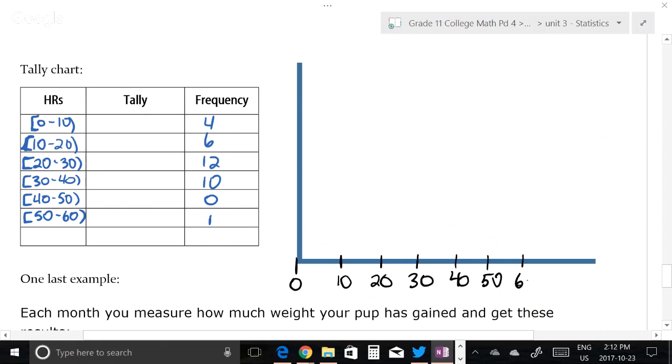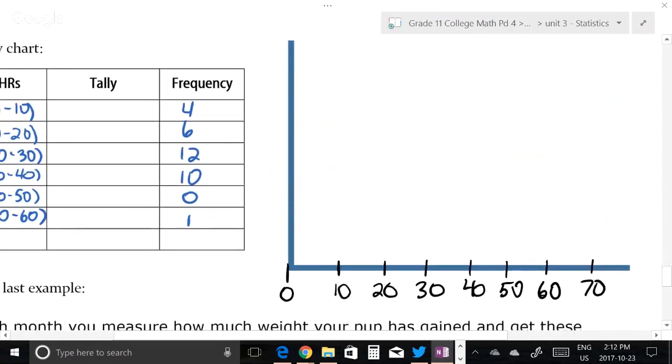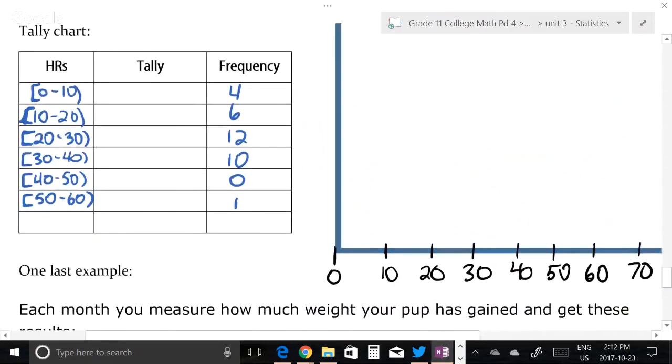If you went to 70, obviously there's nothing going to be in there, but that's fine. And then what am I going to do going up and down on this axis? How high do I have to go? Perfect. So I'm going to try to be careful here. 1, 2. Obviously, I would use a ruler or graph paper if I were trying to be really accurate.